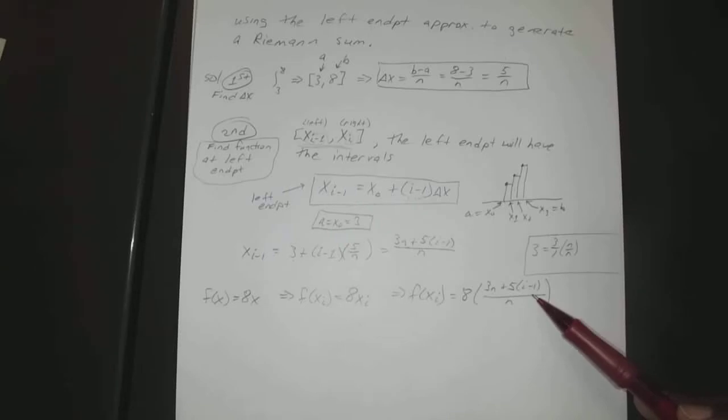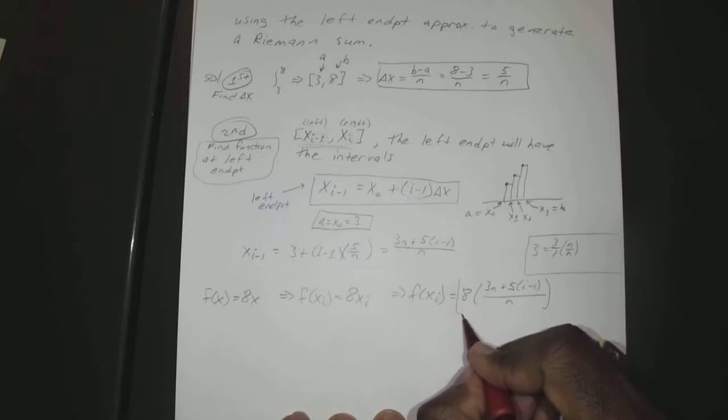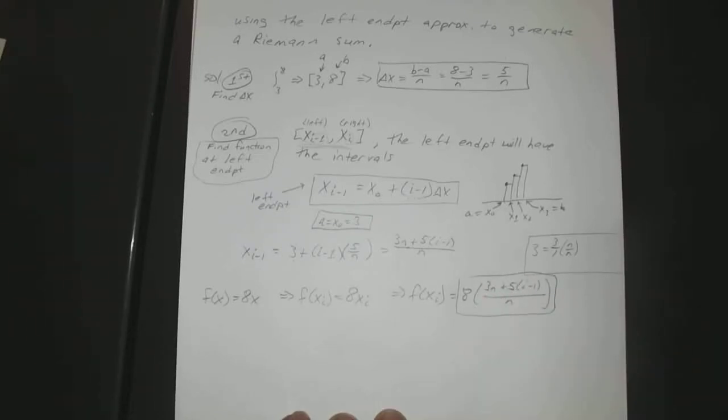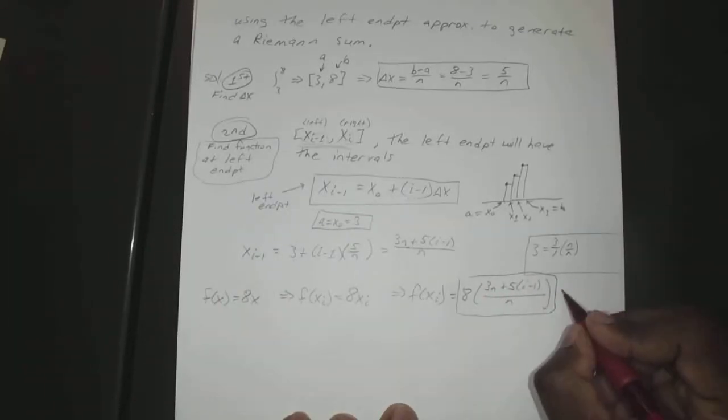I usually wait till later to separate it, only because it's just easier to keep it as i minus 1. But you can separate it now. It's up to you. And this is our function at the left endpoint.